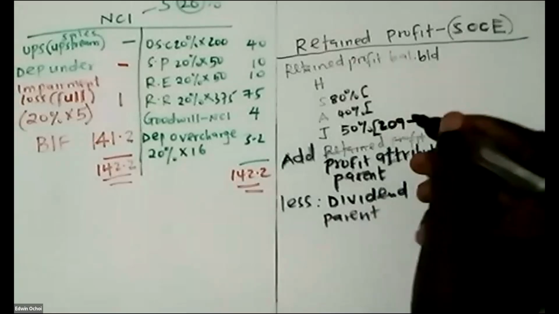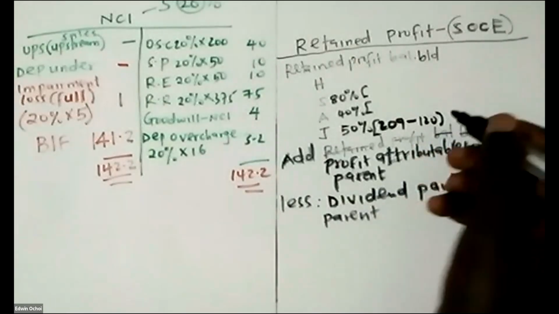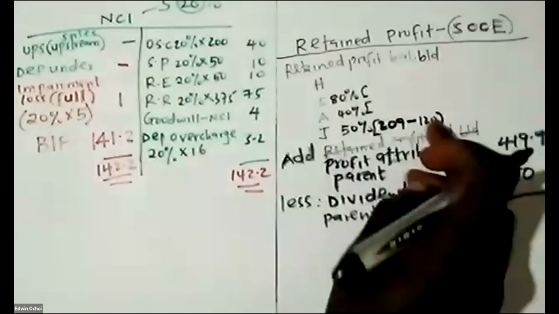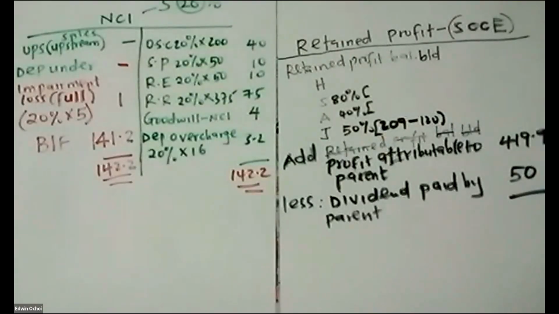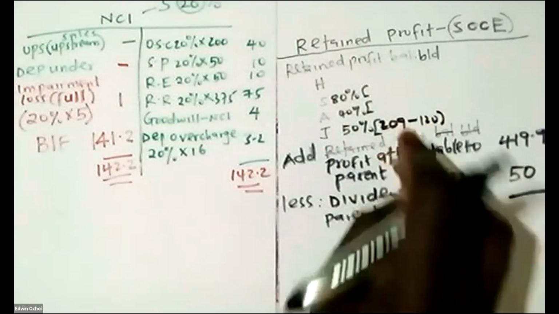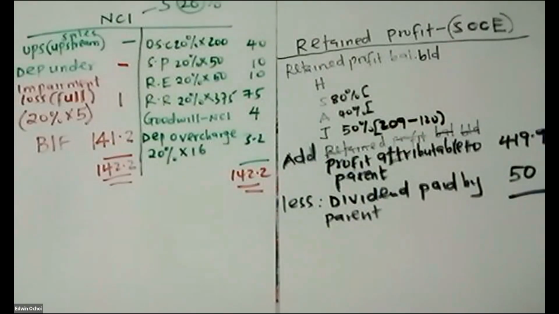We have to subtract so that we get the correct retained earnings for the current year, because when we are starting the current year, this 120 was inside this 209.